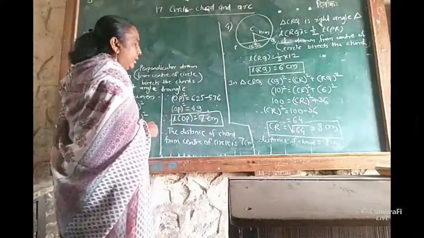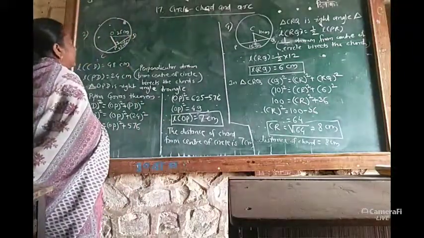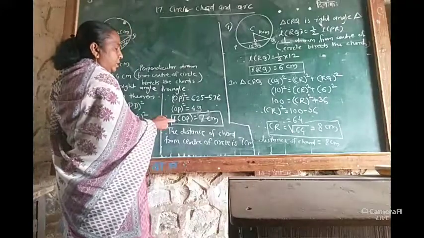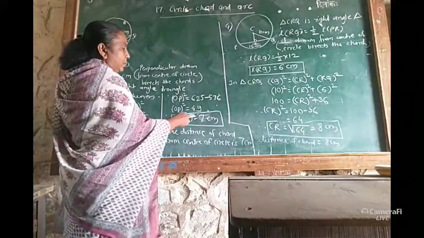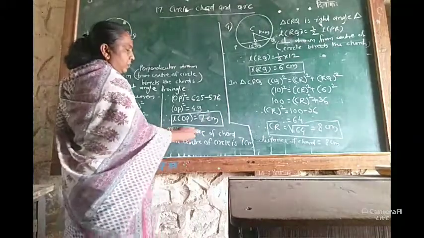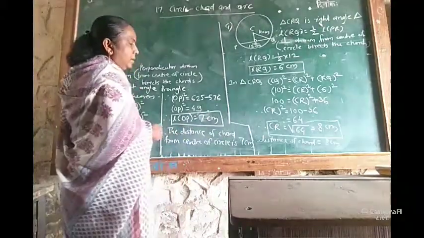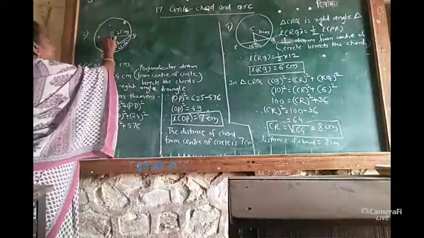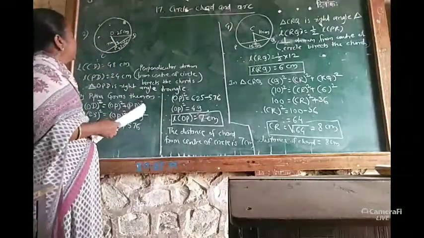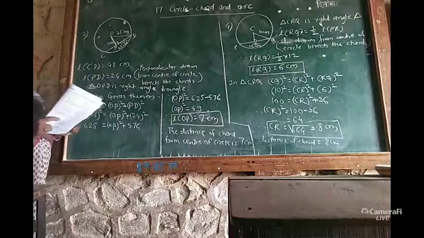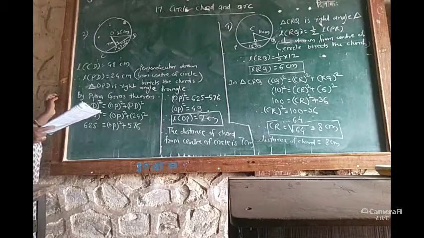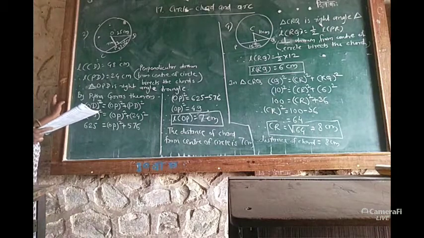We have to find the distance between the center and the chord, that is OP, so we take the square root of this value. Therefore, the length of OP is equal to the square root of 49, that is 7 centimeter. The distance of the chord from the center of the circle is 7 centimeter. Thus, we have found the distance between the center of the circle and the chord as given in the figure.